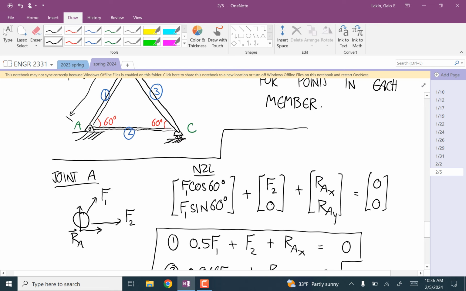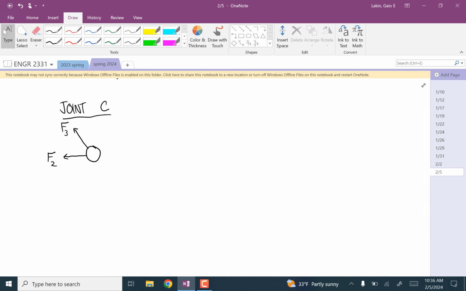And then we have the roller that's going to apply upward force, perpendicular to that surface on this member. I'll call this RC, but we know the direction of that one because it's a roller.